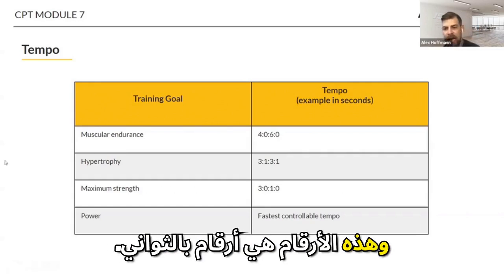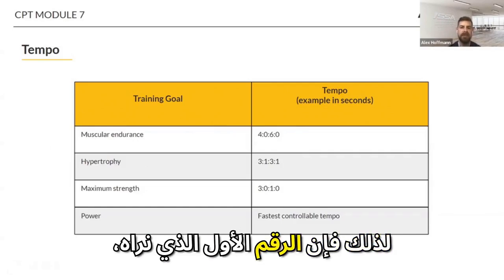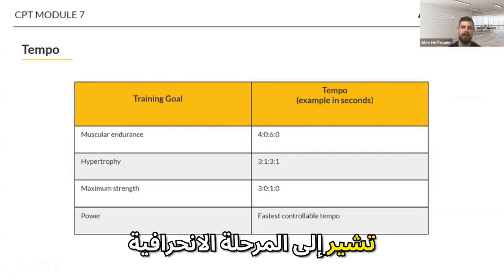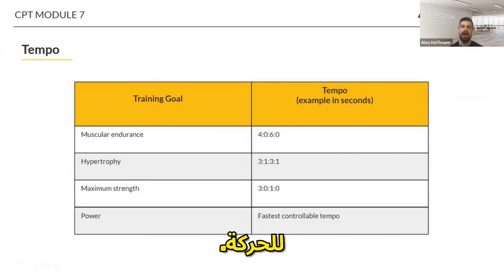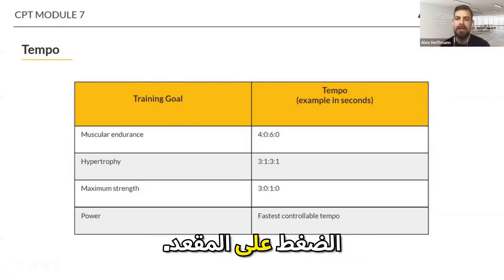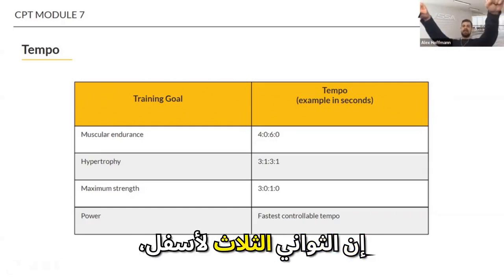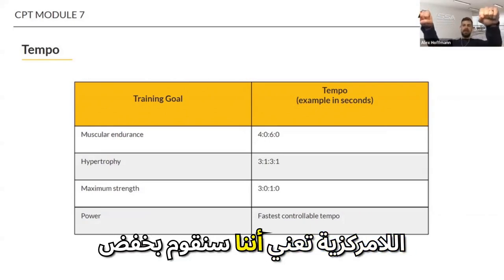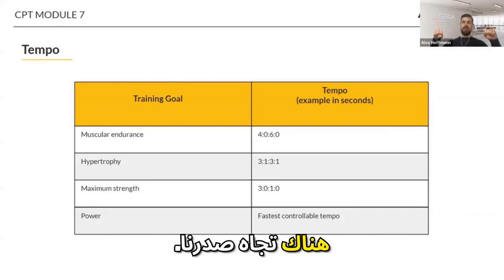Those numbers are in seconds. That first 3 count is referring to the eccentric phase of a movement. Say we're doing a bench press, the 3-second tempo during the eccentric phase means that we're going to be lowering the bar for a 3 count towards our chest.